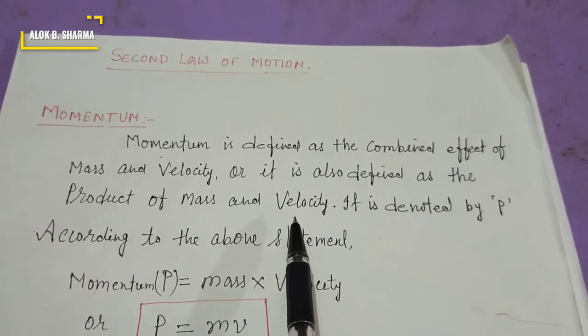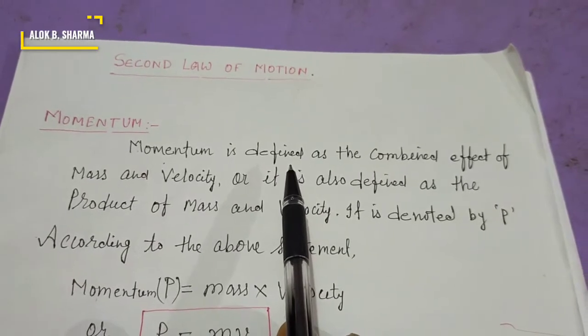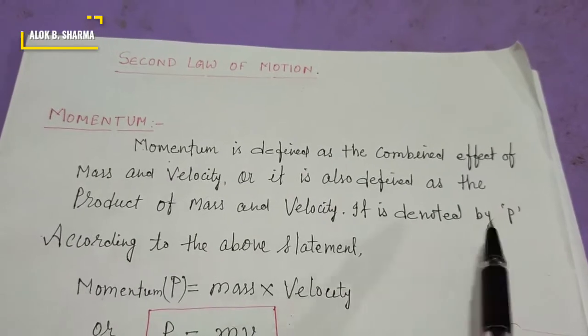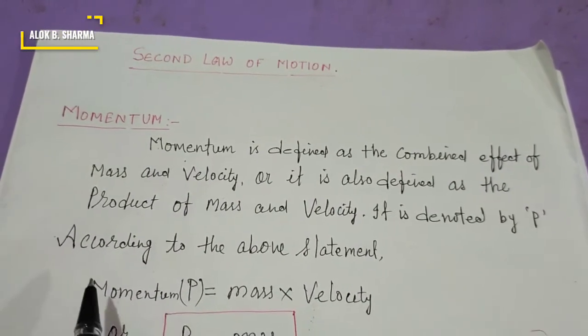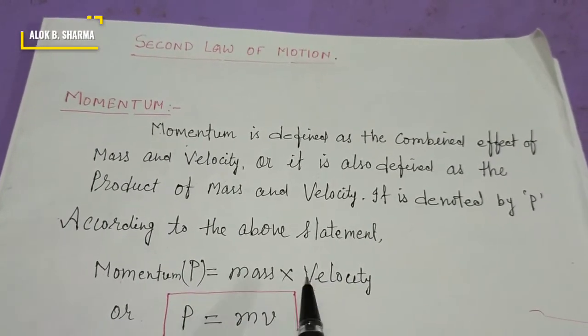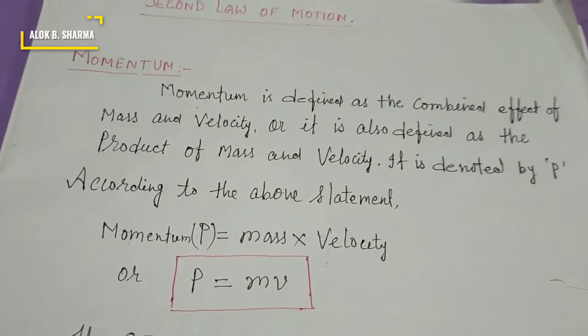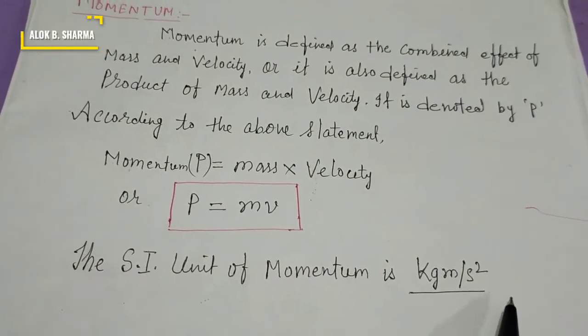Momentum is denoted by the letter P. According to the above statement, momentum equals mass multiplied by velocity, that is, P equals mv. And the SI unit of momentum is kg meter per second.